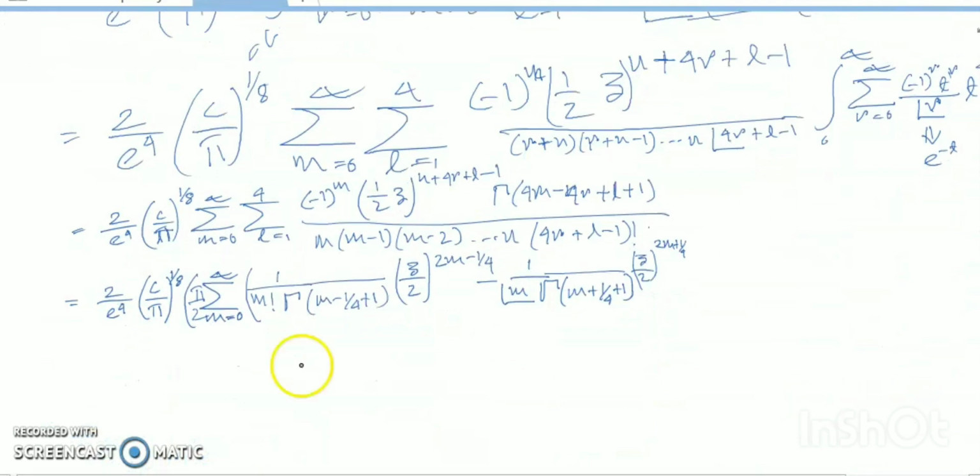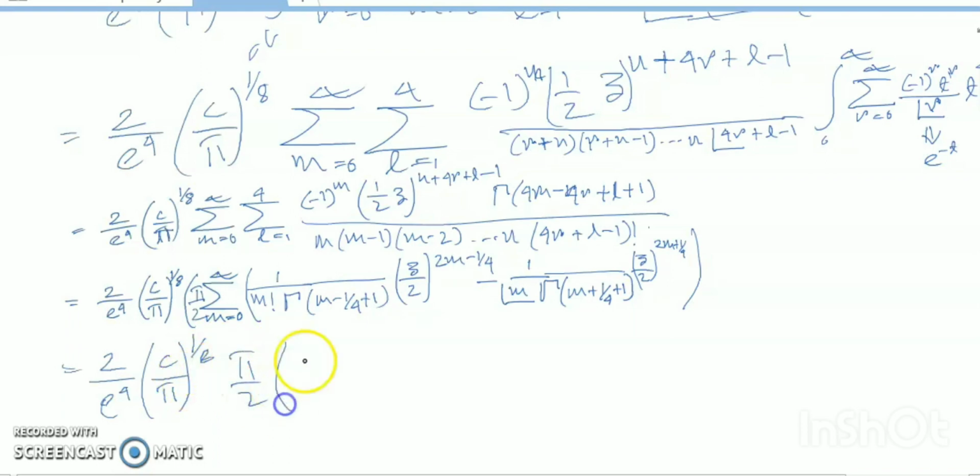So I write it this way: 2 divided by e to the power 4 c divided by pi whole to the power 1 by 8 into pi by 2 into I minus 1 by 4, that value is sine pi by 4.